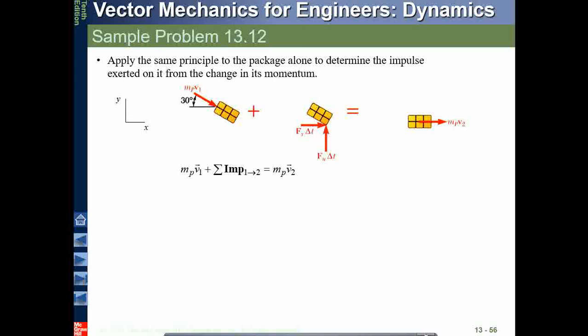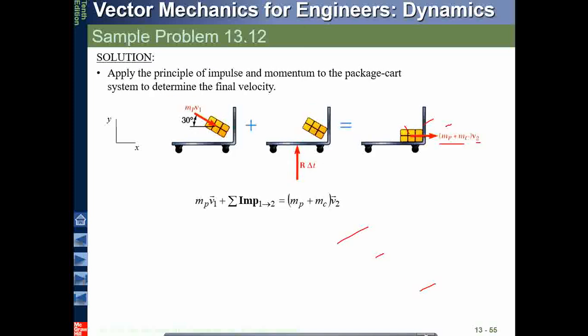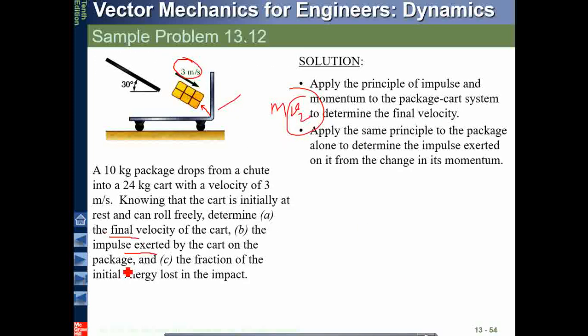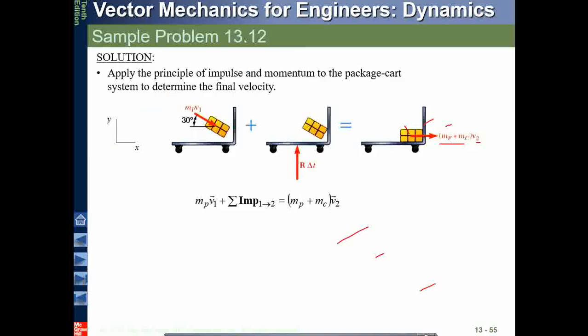After that, the next part was the impulse exerted by the cart on the package. So the impulse exerted by the cart, this is the cart to the package. It is asking for the reverse reaction.